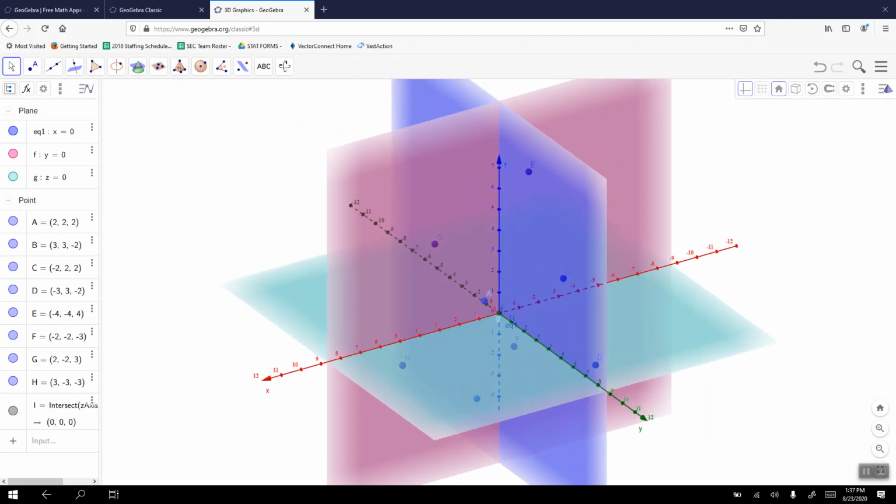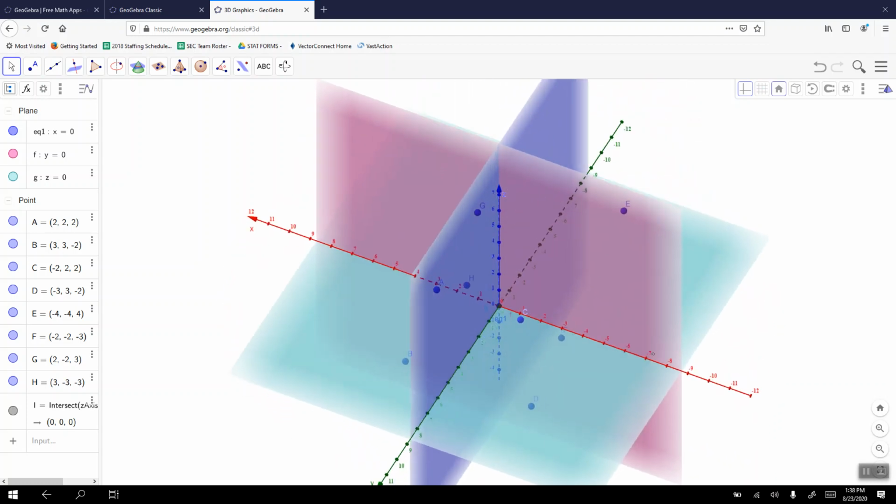Point A lies in octant 1. This is the typical octant that we like to focus on in multivariable. However, the other octants are going to be very beneficial as well. However, most of the problems reference that first octant.